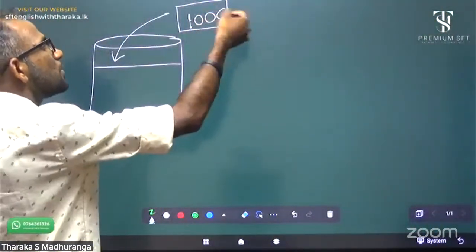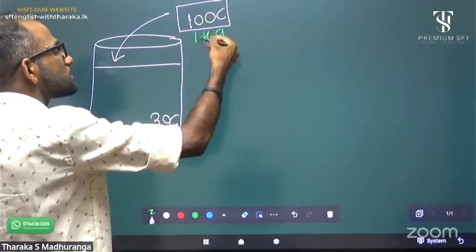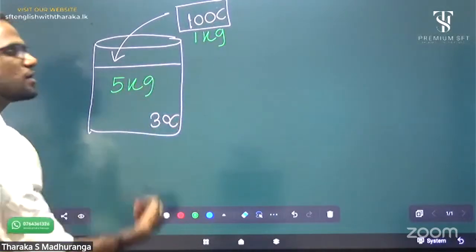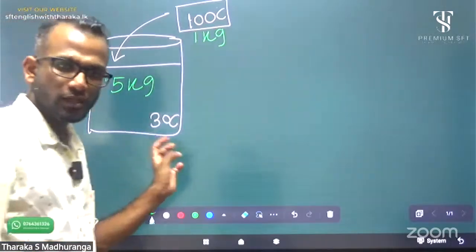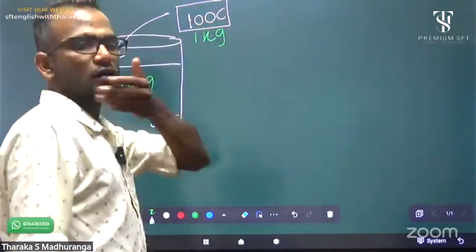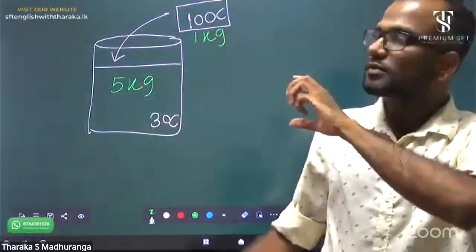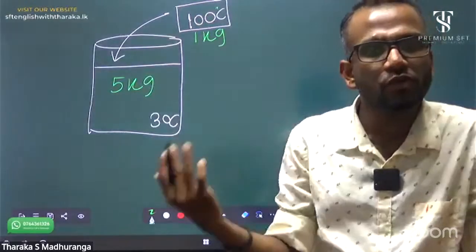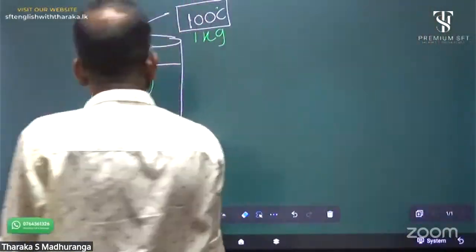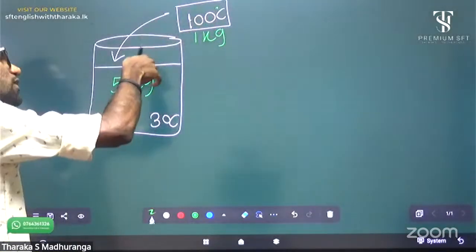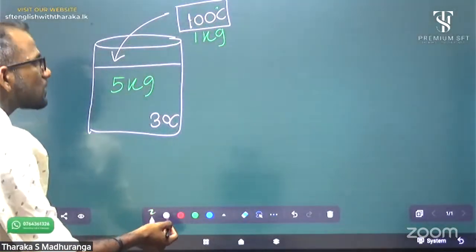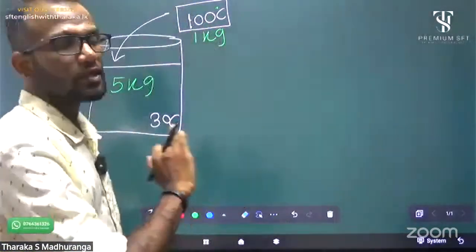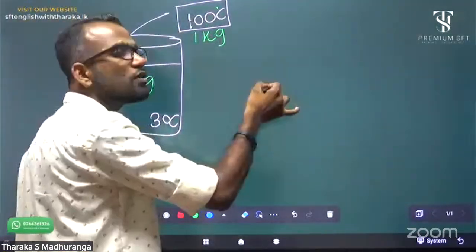We can measure the mass, think it is 1 kilogram, and 5 kilograms of water at 30 Celsius initial temperature, and the 1 kilogram metal piece at 100 Celsius. Then we can mix these two substances, water and metal cube, and we can get the final temperature of the mixture. Final temperature means equilibrium temperature, right?